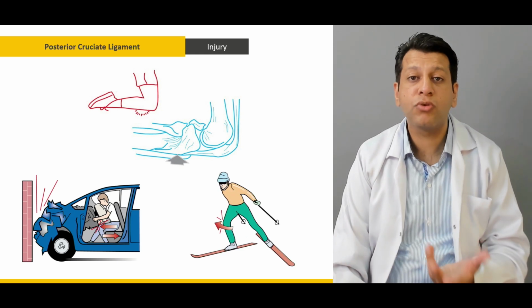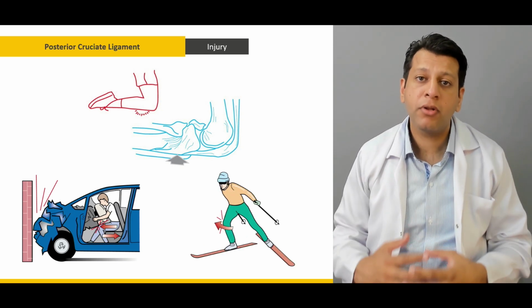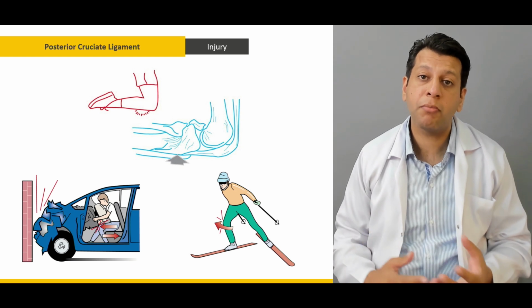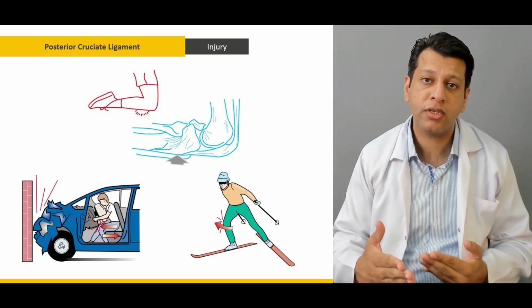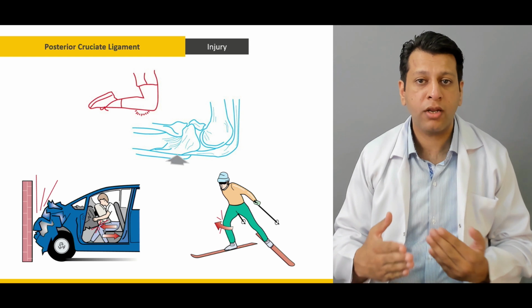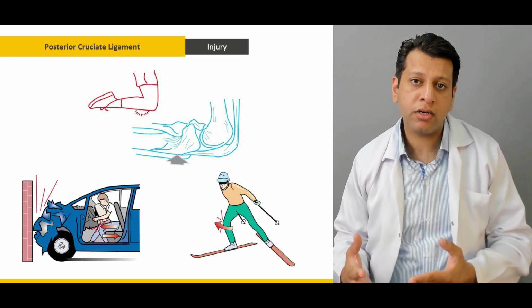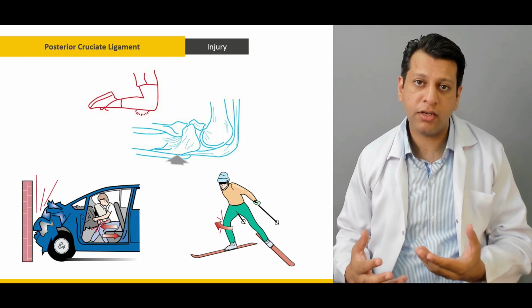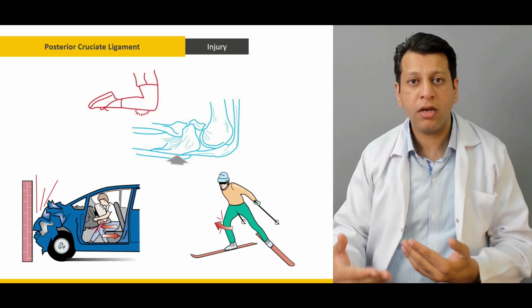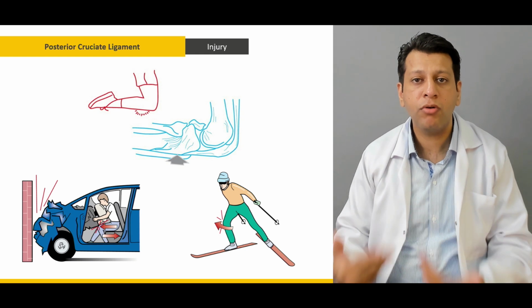Another mechanism could be skiing. For example, during a skiing accident, a person hits a wall or a tree, and as the foot is planted on the ground, the force coming anteriorly pushes the tibia posteriorly, leading to PCL rupture.